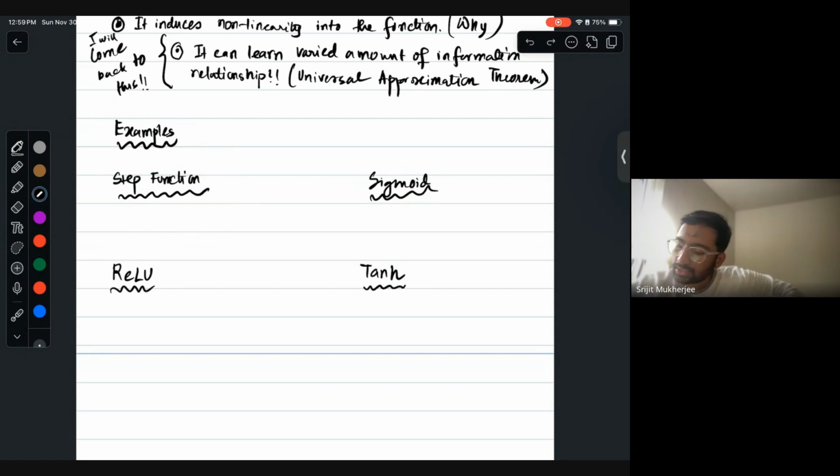What it looks like is this: this is x, and this is the activation function a of x.